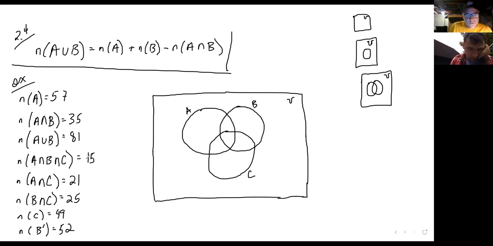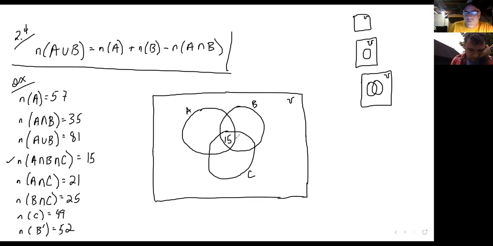And that will be given right here. Notice A and B and C, the elements that are in all 3 simultaneously, says that it is 15. And I'll check, I've used that piece of information.